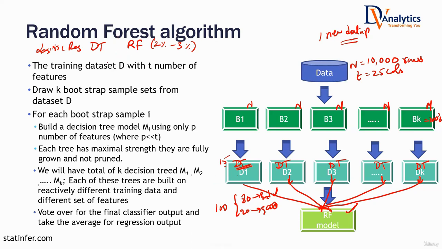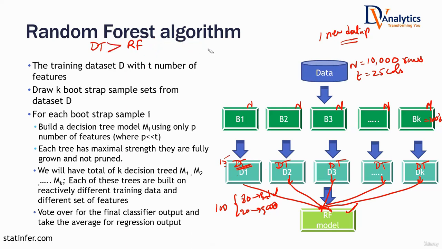Now, in theory, random forest is supposed to give a 2 to 3% lift in accuracy when you compare it to a decision tree. When data scientists started using this on practical data sets, real data sets with thousands and thousands of rows, tens or maybe hundreds of columns, what they observed, very strangely, is that random forest, even though it is so much more complex, time consuming, with hundreds of models being built, was giving less accuracy than a decision tree.